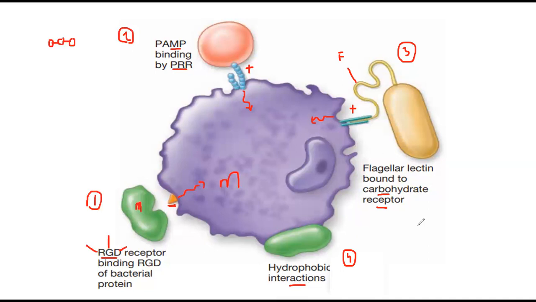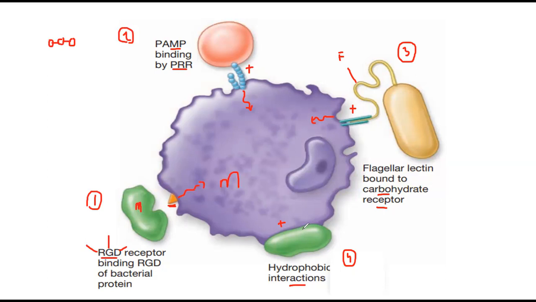So the watery part of the slime layer interacts with the phospholipids of the immune cells. There is a slight interaction between them, and after that there is a positive signal, and these microorganisms are engulfed by the immune cell.